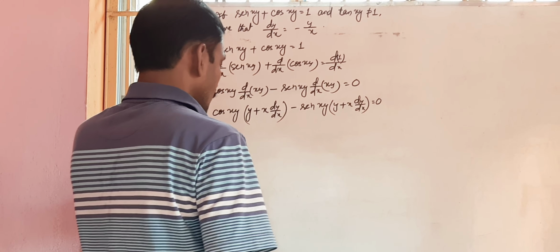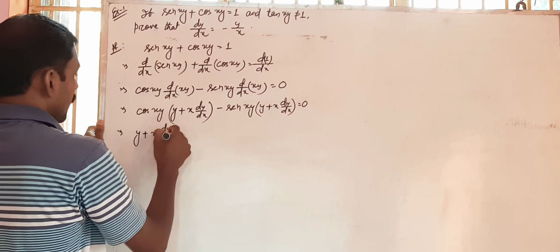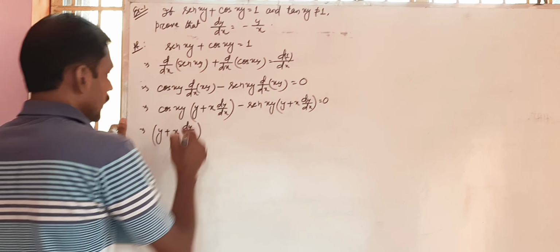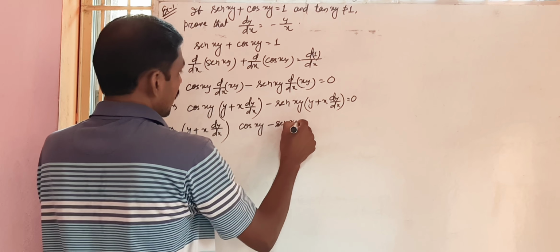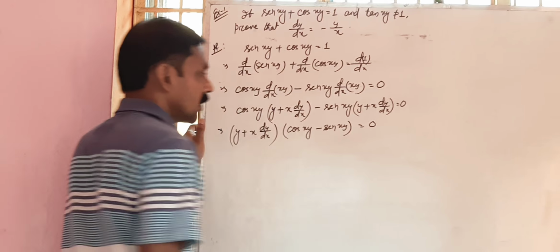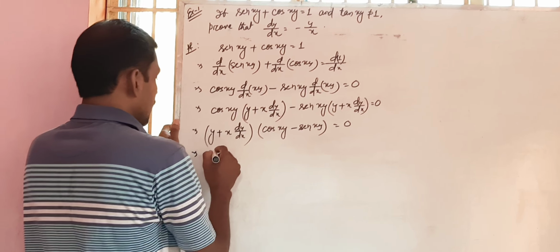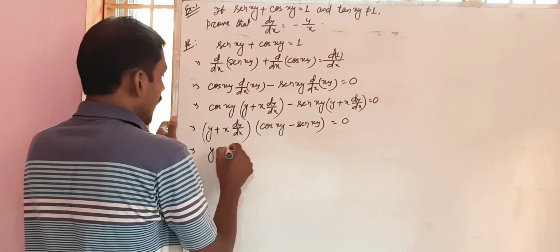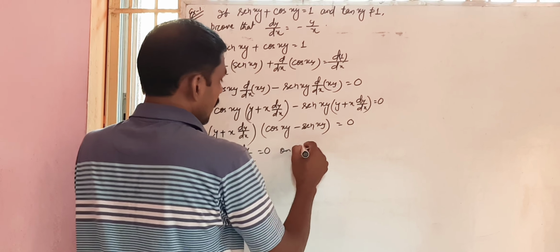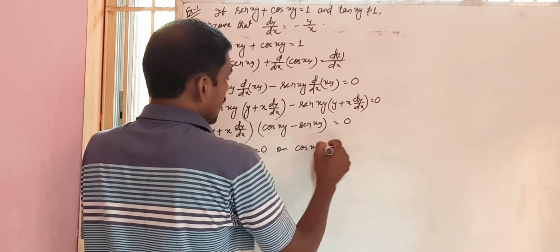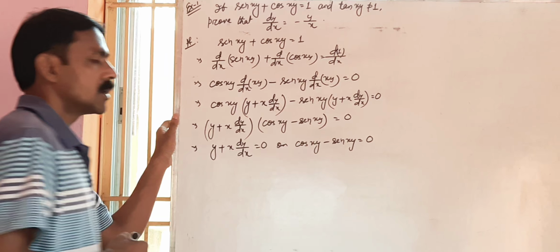Then this is common, so taking y plus x dy by dx common, it is cos xy minus sin xy equal to 0. So this implies either y plus x dy by dx equal to 0 or cos xy minus sin xy equal to 0.